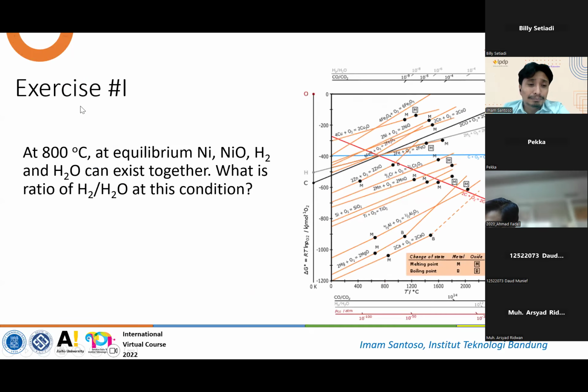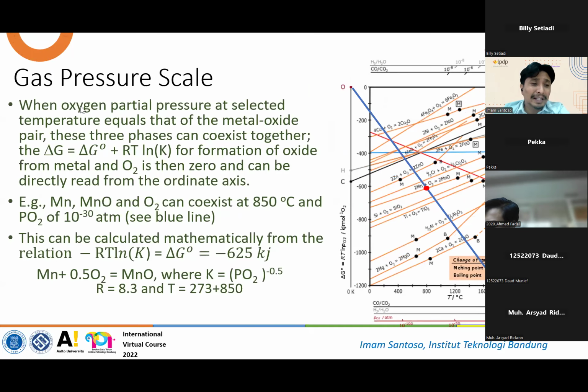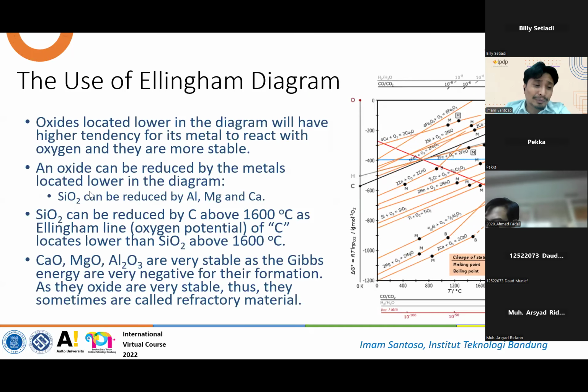Before this, I already explained that an oxide can be reduced by the metal located lower in the diagram. Daud, can calcium reduce MgO? Yes.